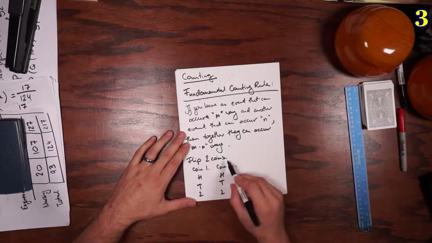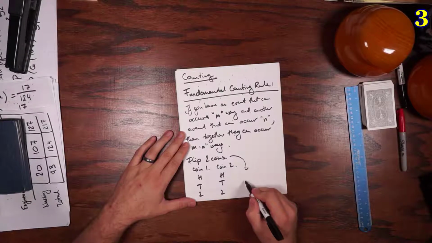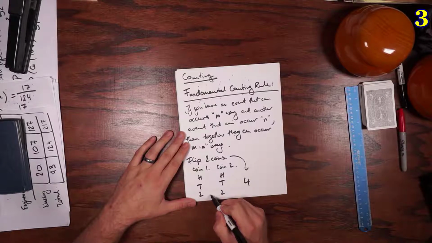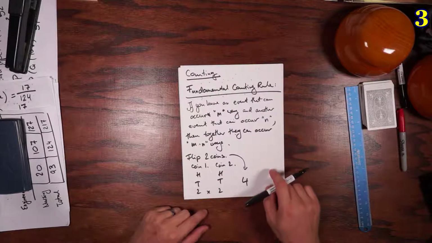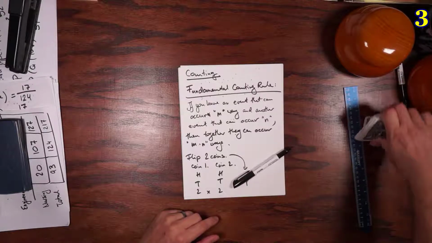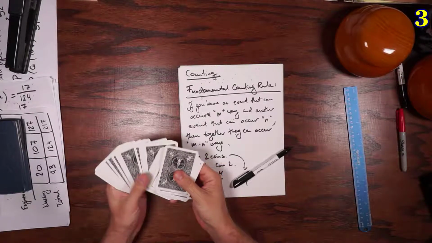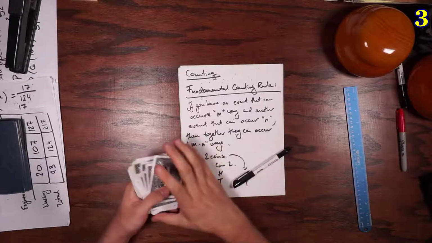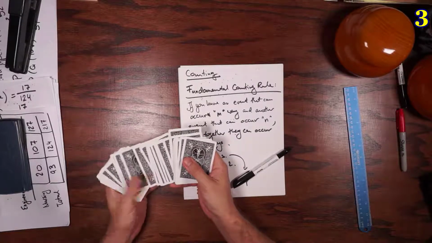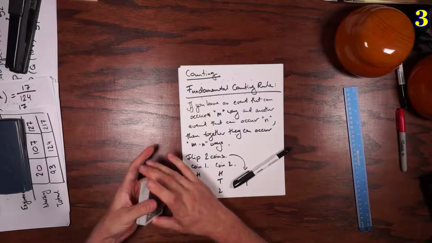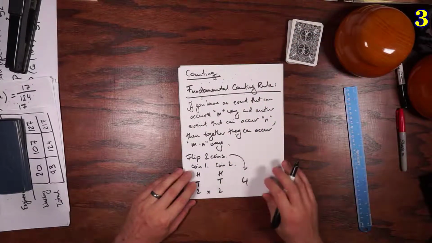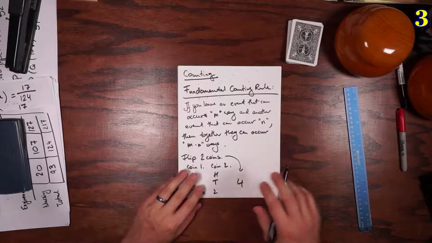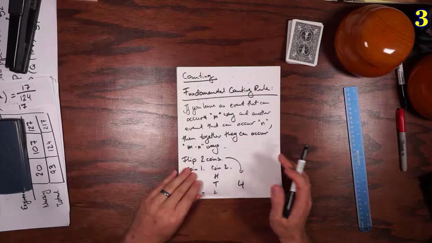So together, those 2 coin flips can occur 4 ways, 2 times 2. If we draw a card, there's 52 choices, and you flip a coin, that's 2. Together you can get 104 ways. The reason why we're looking at this is we're looking at all the possibilities.